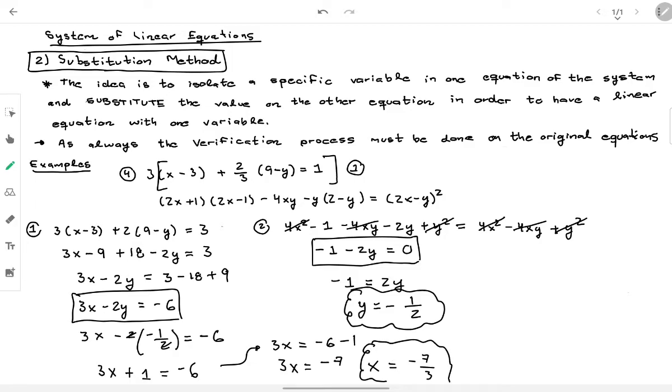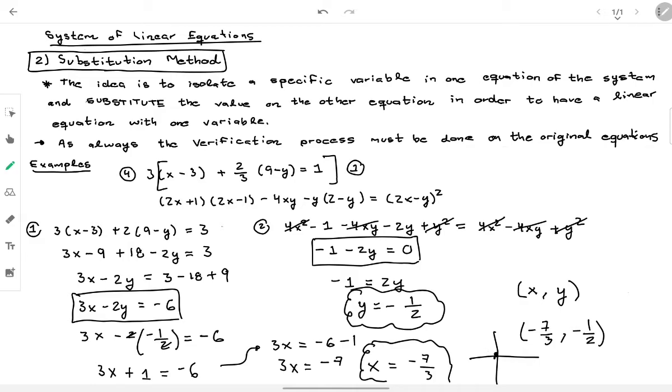Isolated, x equals minus 7/3, y equals minus 1/2, or we can put it in coordinates. Remember, always x comma y. So it's going to be minus 7/3 comma minus 1/2. If we want to know where in a graph it will be, it's going to be minus 1/2.